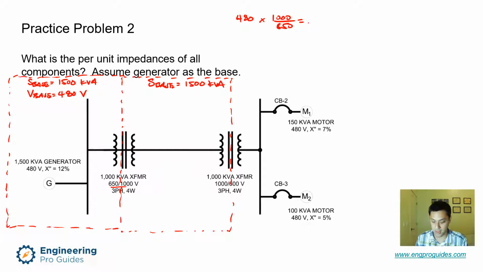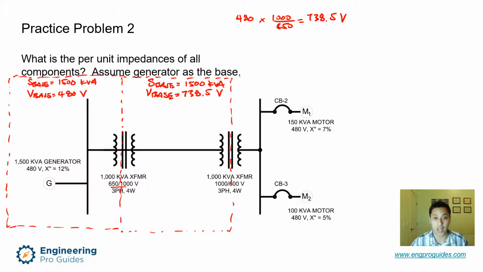Put that into my calculator, and you will get 738.5 volts. So the new voltage base on this side is equal to 738.5 volts.